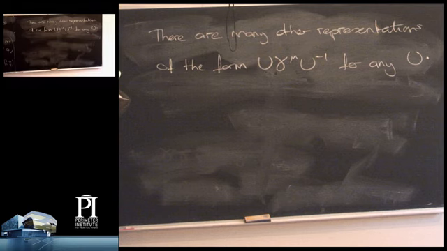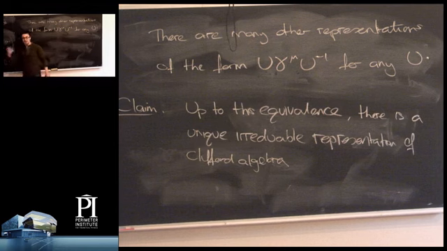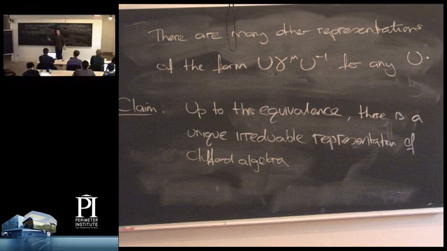However, there's a theorem that up to this equivalence, this is the unique irreducible representation of the Clifford algebra. Irreducible here means that if you find a representation, you can't split it up into diagonal blocks. For example, there's an obvious 8 by 8 representation that basically has all these in the top left corner and then these again in the bottom right corner. That also obeys the Clifford algebra, but it's called reducible because it's basically constructed from this, so it's not interesting.